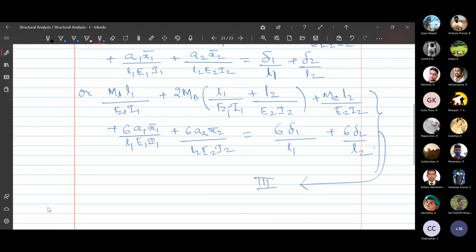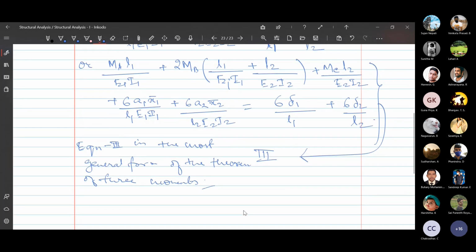Now what is equation 3? Equation 3 is the most general form of the theorem of three moments.